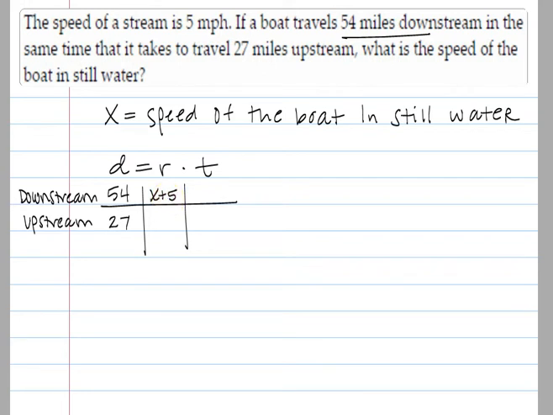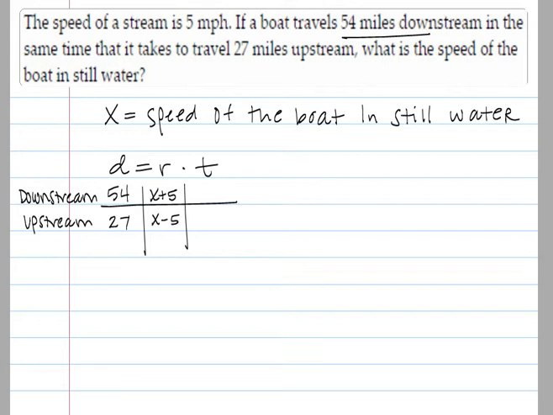In a similar way, we can represent the rate of the boat going upstream by the expression x minus 5. It's the speed of the boat in still water, but since the boat is fighting the current going upstream, we take that 5 miles an hour off of that speed. And so we end up with the expression x minus 5.